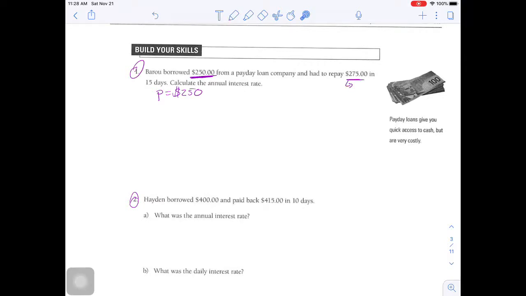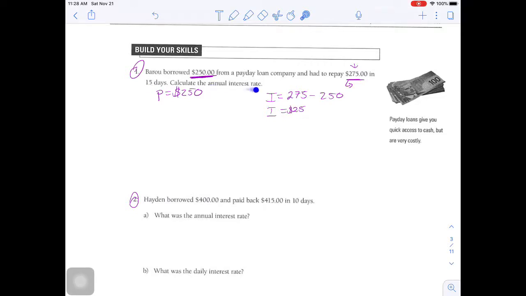So we need to figure out how much interest he had to accumulate on top of that. So interest would be the amount you actually pay back, $275, subtract what you initially took out. So I will equal $25. So he paid an extra $25 because he took 15 days to pay it back.